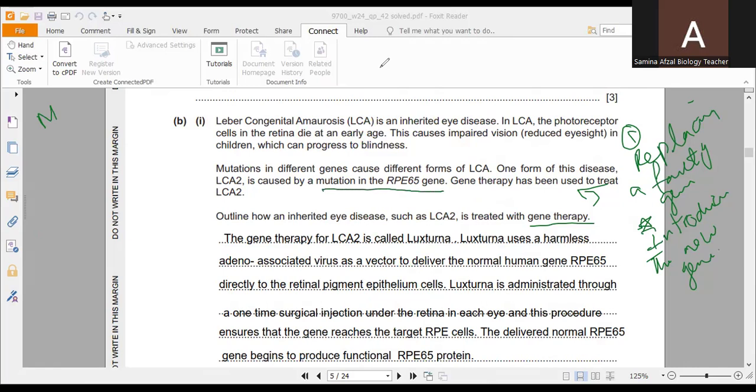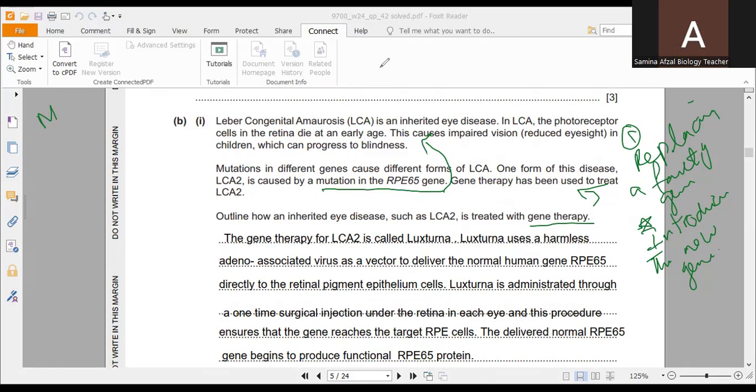The function of this gene is to provide instructions for making a protein essential for normal vision, specifically within the retinal pigment epithelium, RPE.